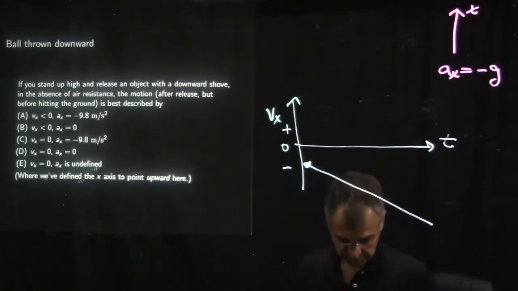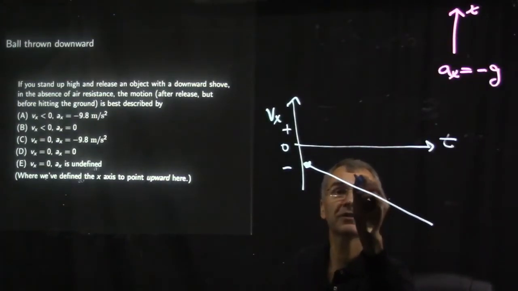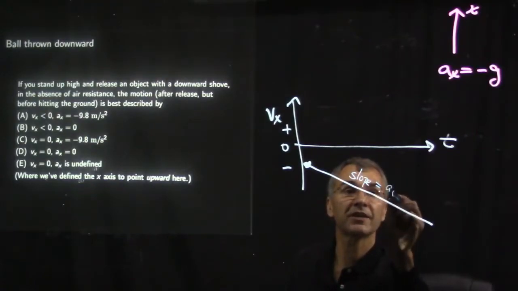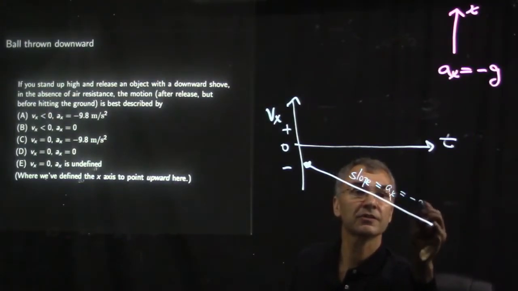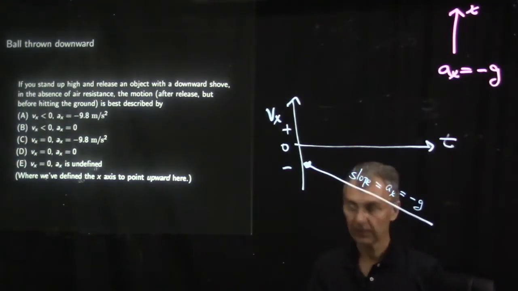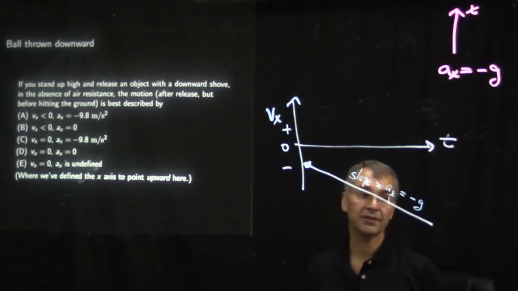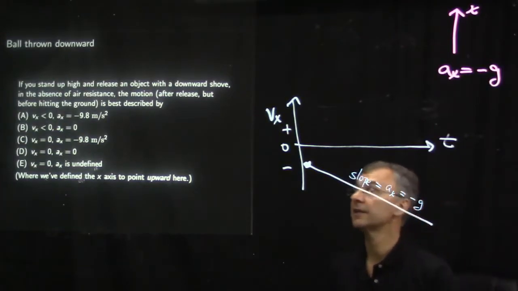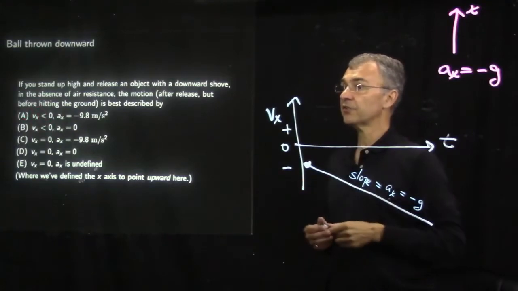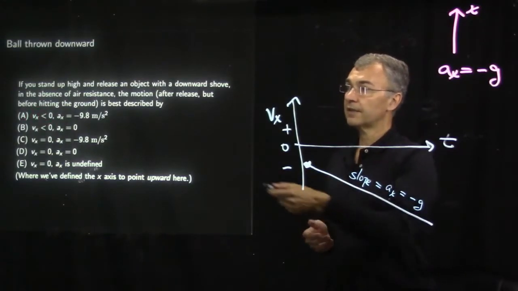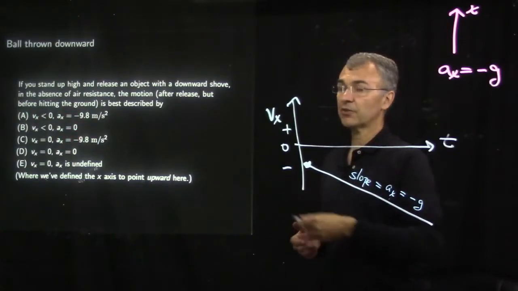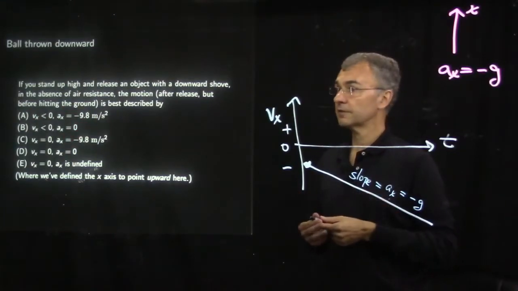Meanwhile, what's the slope of this curve? Well, I think the slope of this curve, which by the way is a sub x, is minus g. So I would say that v sub x is always less than 0 and a sub x is minus g. So I don't like b because a sub x is certainly not 0.